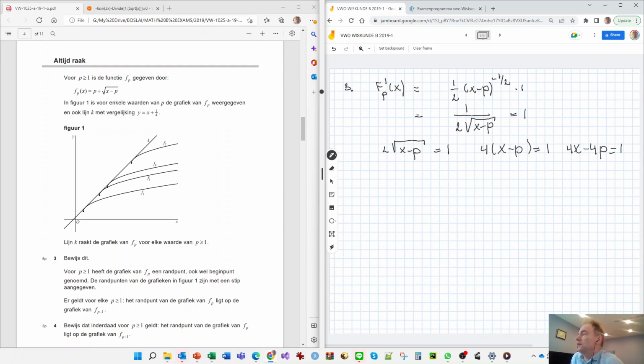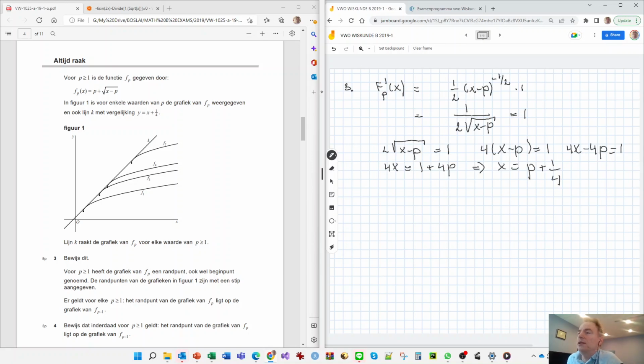You see how easy it is to make mistakes. So 4x is 1 plus 4p, or x is p plus 1/4. So, at this value of x, the function has a slope of 1.